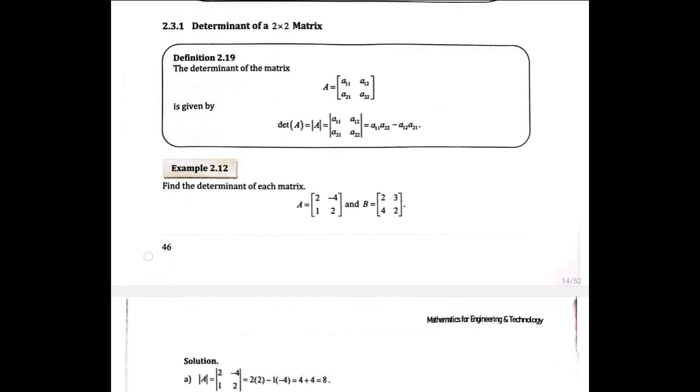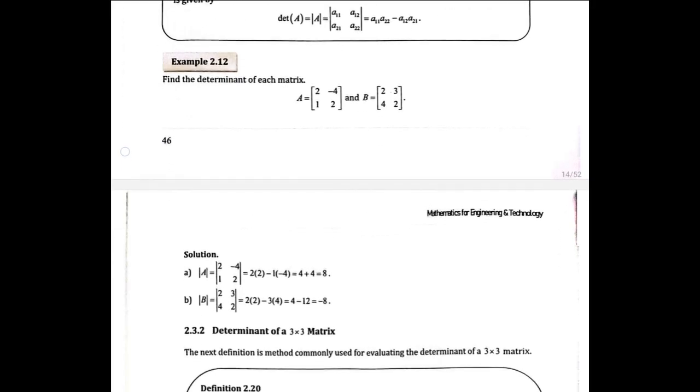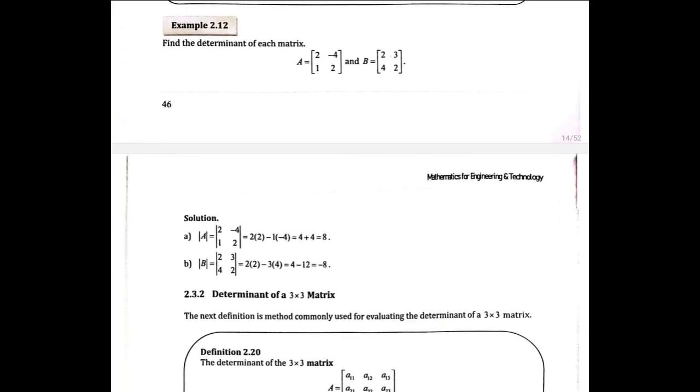Let us try one together. Look at example 2.12. For this matrix, start with the main diagonal, which is 2 times 2.